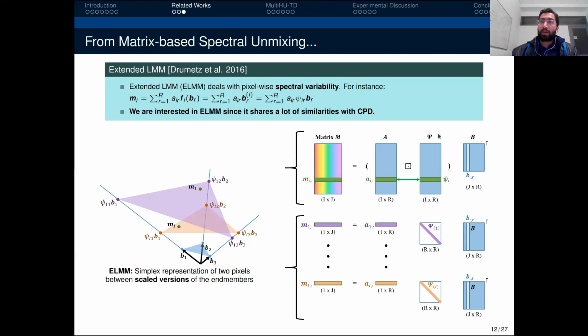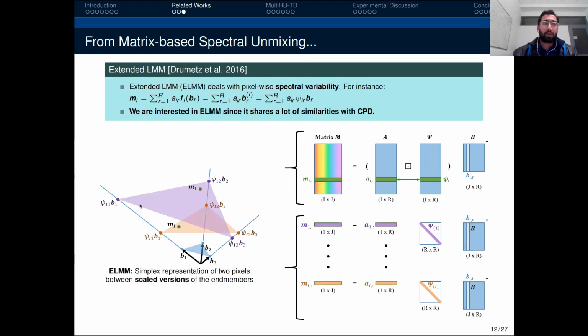This psi matrix is the degrees of freedom that we add to the problem to model these small variabilities in the scene. If we streamline each pixel separately, it's equivalent to saying that each pixel is multiplied by this vector, and then this vector scales the endmembers.